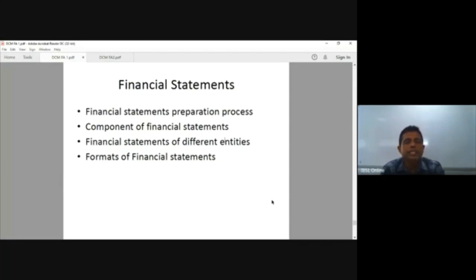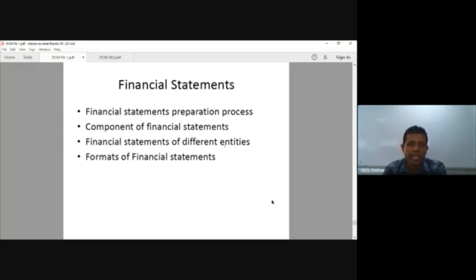The format of the financial statements is given under LKAS 1, Lanka Accounting Standard 1. The format is given for every entity to publish the financial statements. If it is not a published financial statement, then they can have their own format.